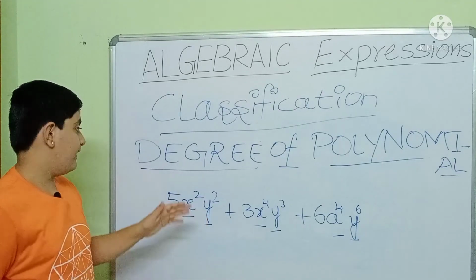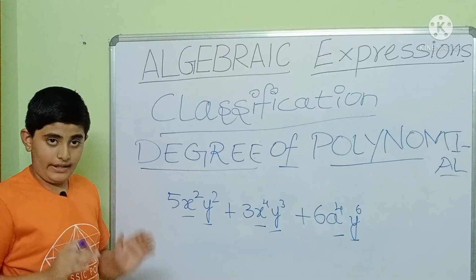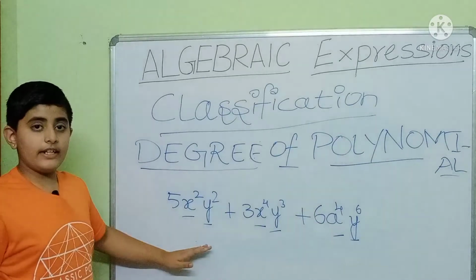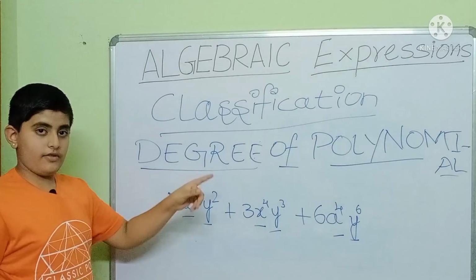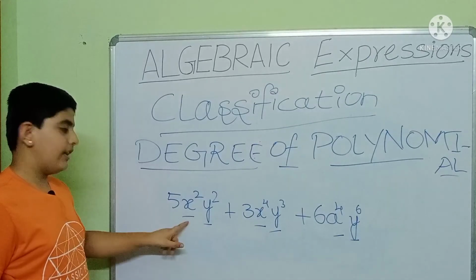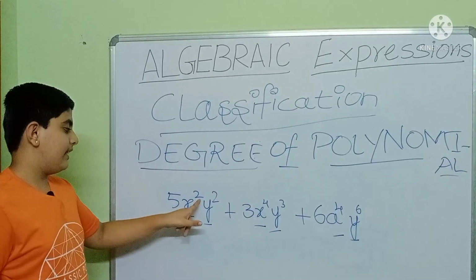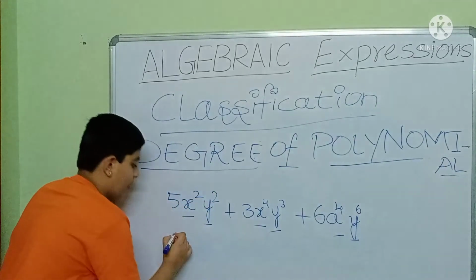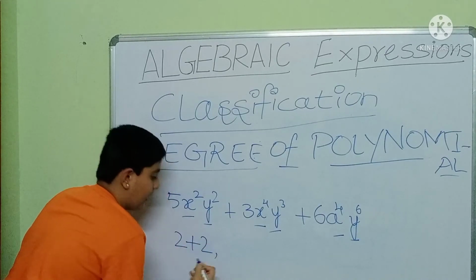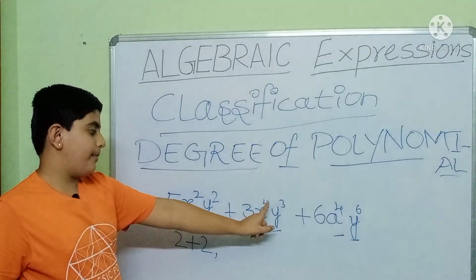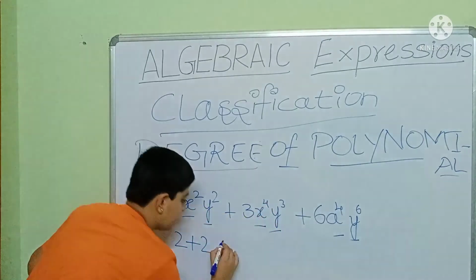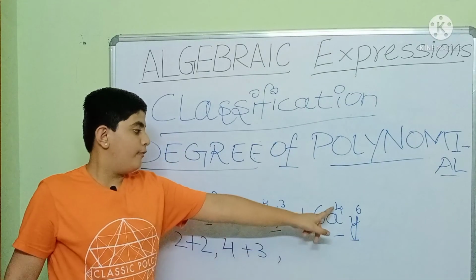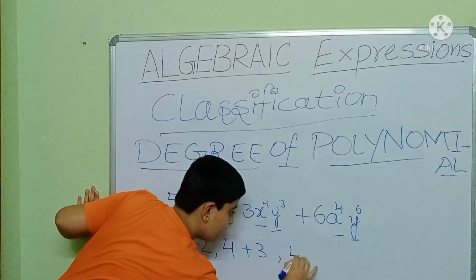How should we find the degree of polynomial for this equation? We should sum the powers. So let's see the first term, 5x square y square. Here we should find the degree. So we will add the powers, x square plus y square. So 2 plus 2, and then 3x to the power of 4 and y to the power of 3, 4 plus 3, and in the third term 4 and 6, so 4 plus 6.